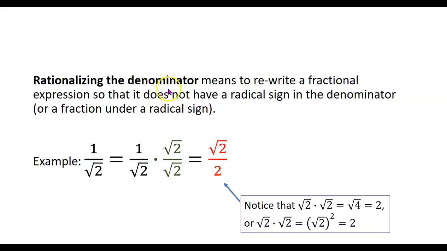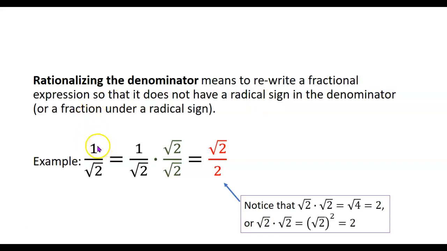A denominator is the bottom part of a fractional expression, and rationalizing the denominator means that we want the denominator to not have any radicals, square roots or cube roots or anything like that in it. So rationalizing the denominator means to rewrite a fractional expression so that it does not have a radical sign in the denominator.